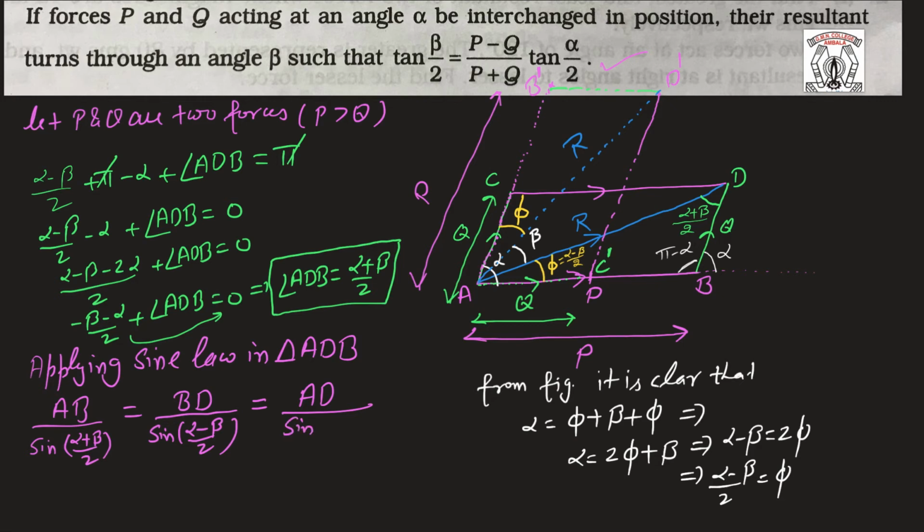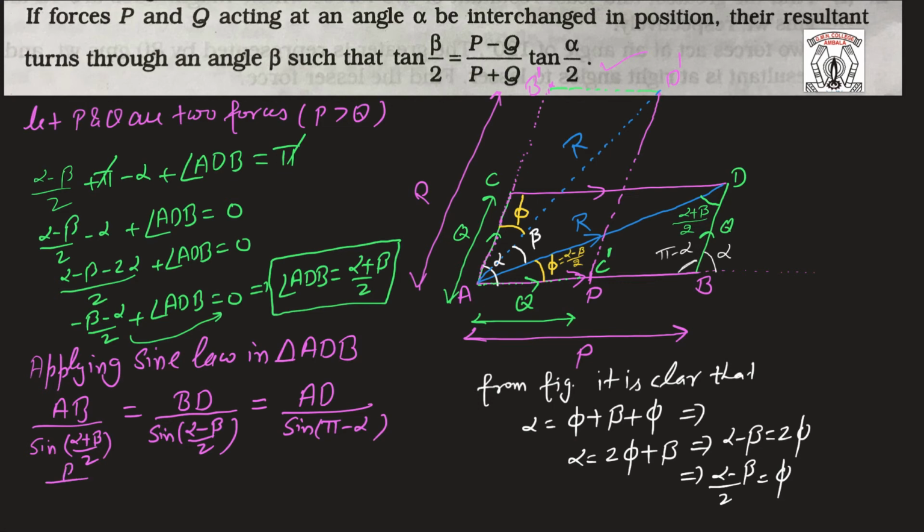Now you know AB side is representing force P, BD side is representing Q, and AD side is representing R. So I will be writing the forces in place of the sides.